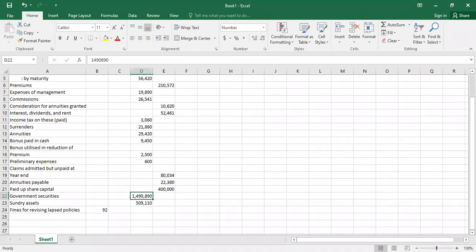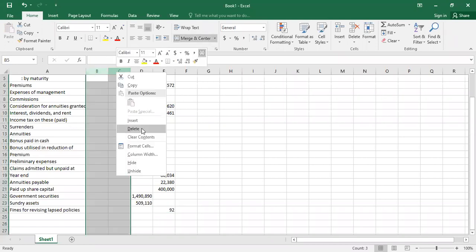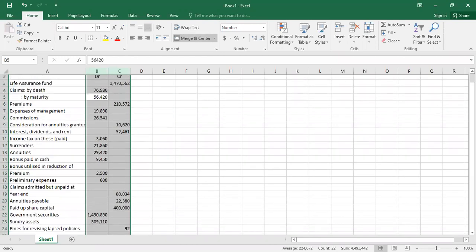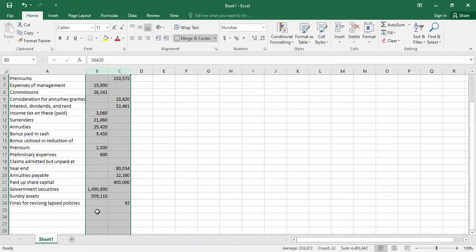Then I have fines for reviving lapsed policies. Again, these are supposed to be credited. So there we are. I can now delete these two, and retain mine. I can now total and see whether our trial balance will tally.